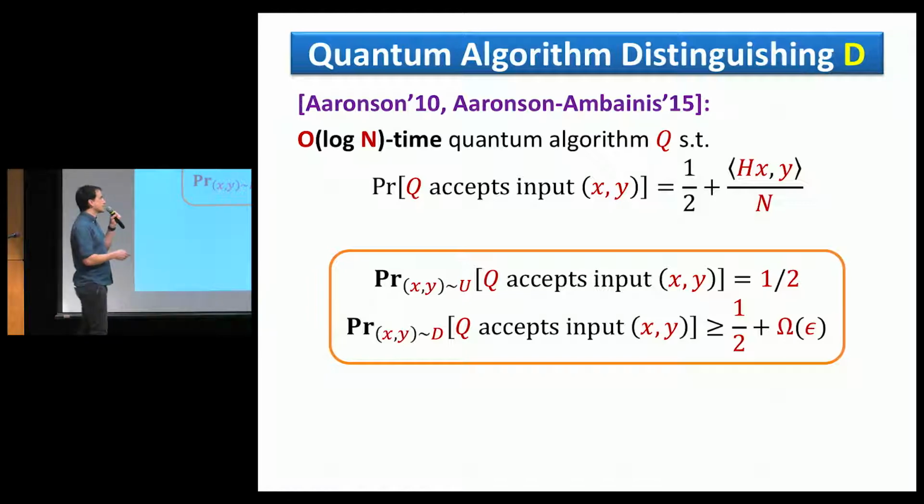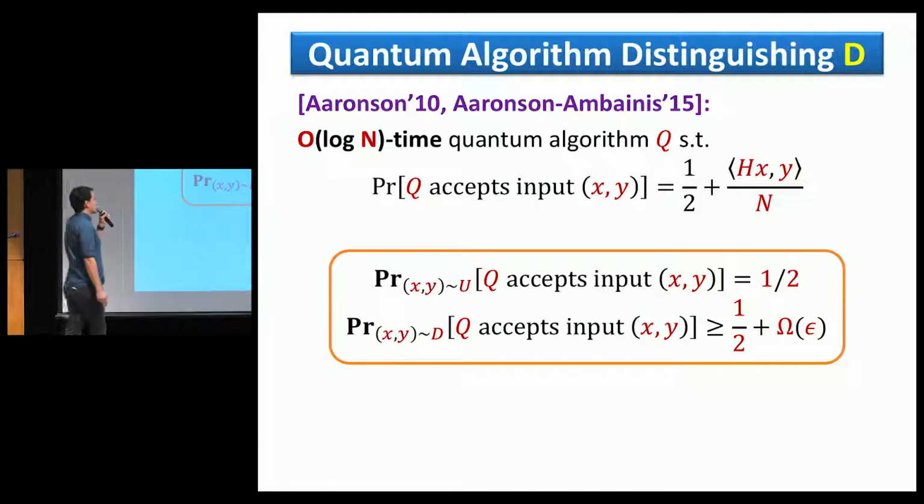We know that y is actually equal to H of x. So we get 1/2 plus the norm of Hx, or the norm of y, and this is, sorry, the norm squared. So this is really epsilon times n. All in all, we get 1/2 plus at least some constant times epsilon.